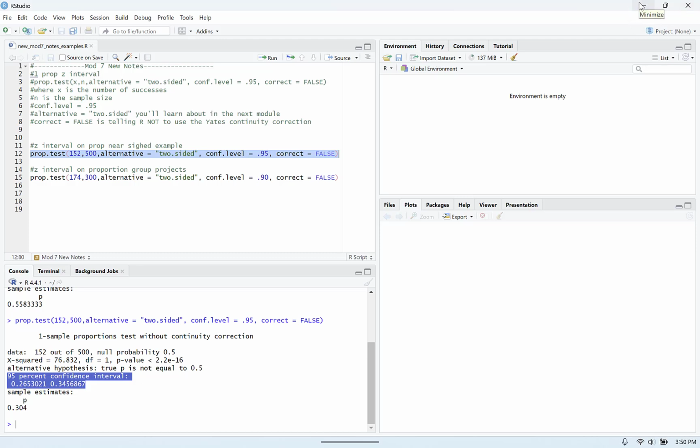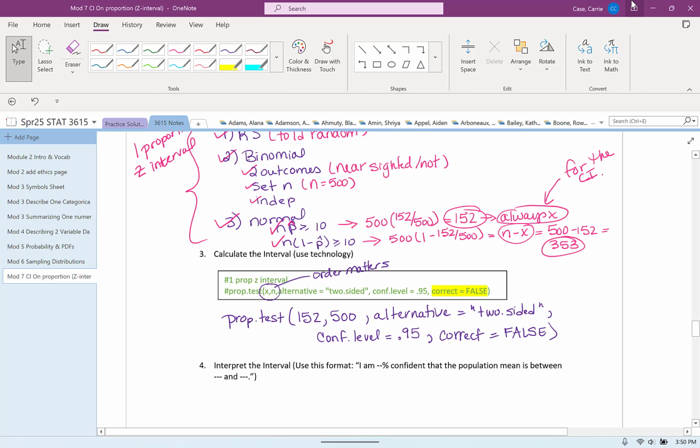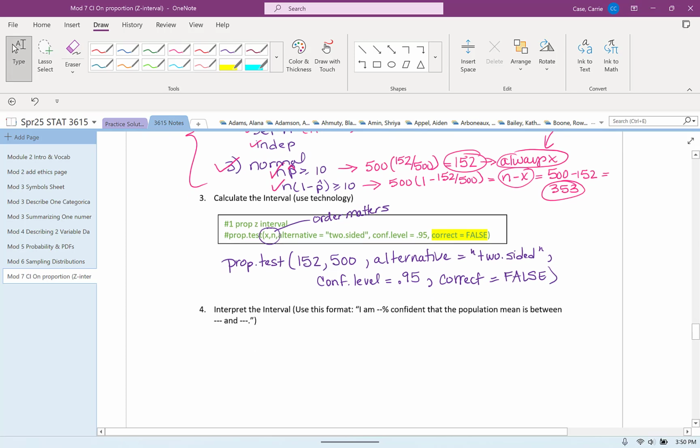And we can write those down and then we'll just round them and make them percentages. So let's write those down, 0.265, and 0.346. So our confidence interval is 0.265 as our lower bound, and our upper bound is 0.346.